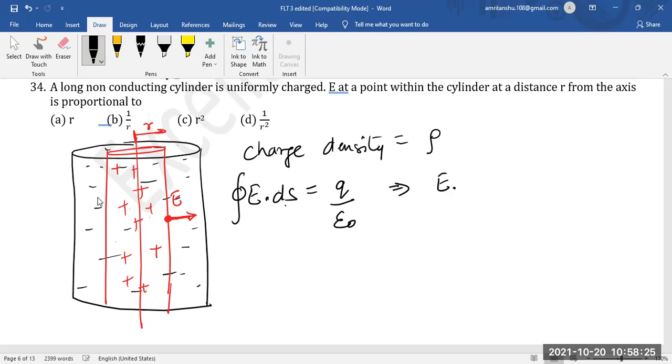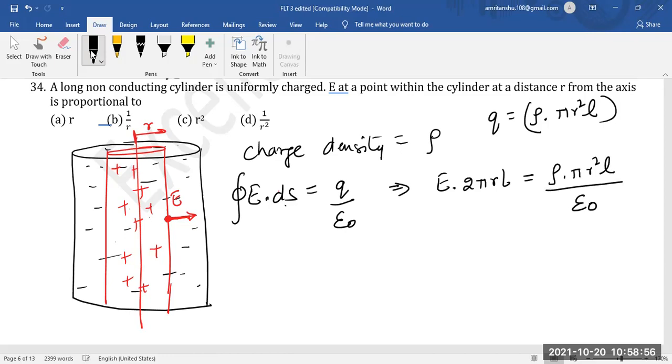We need to calculate ds at this point. ds is 2 pi r l, I'm sorry, and now Q is going to be sigma into pi r square l upon epsilon naught.